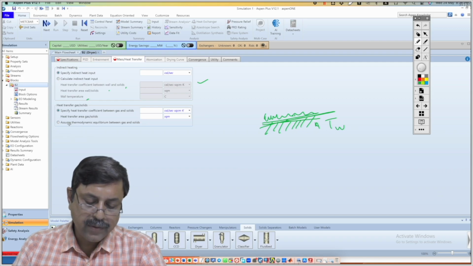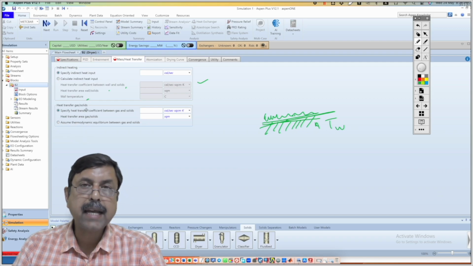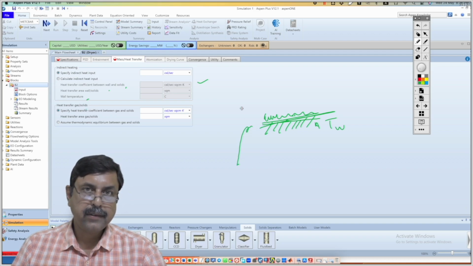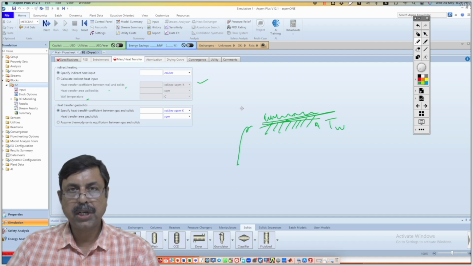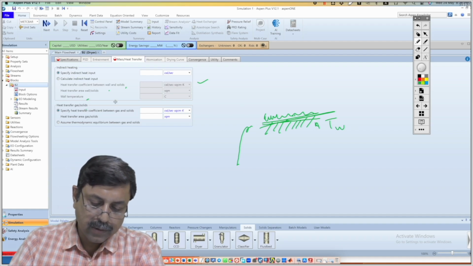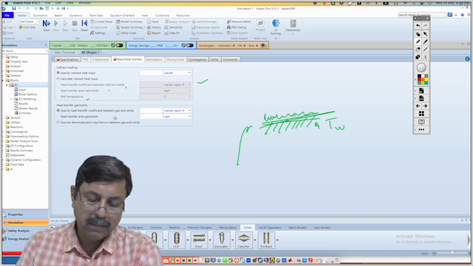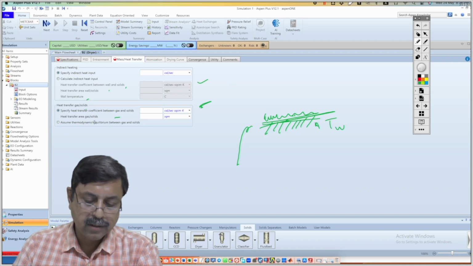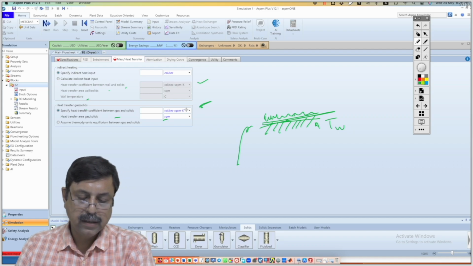And also you have to provide some information on the heat transfer between the gas and solid, because the gas is still going in and the gas is taking the moisture content from the solid and going out. So the heat transfer coefficient between gas and solid you have to provide, and the heat transfer area of gas and solid, that also you have to provide.